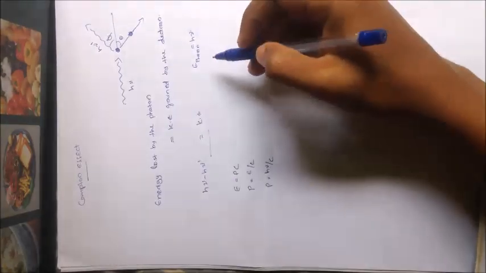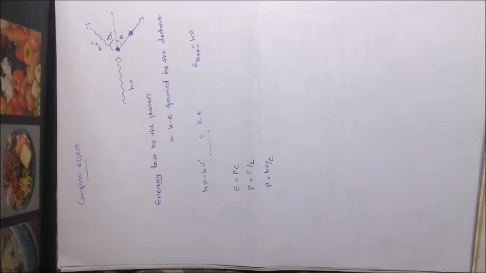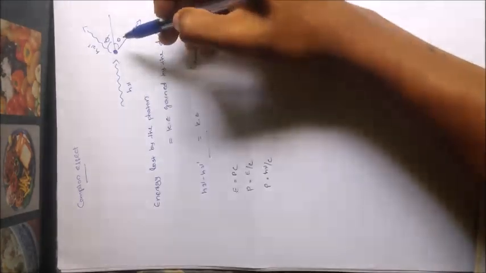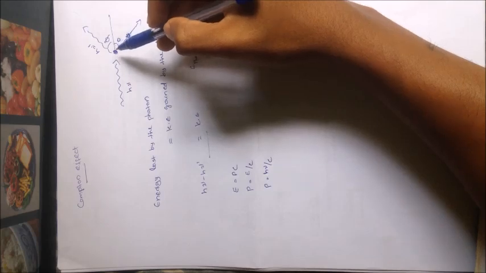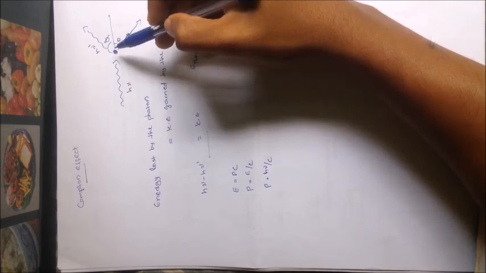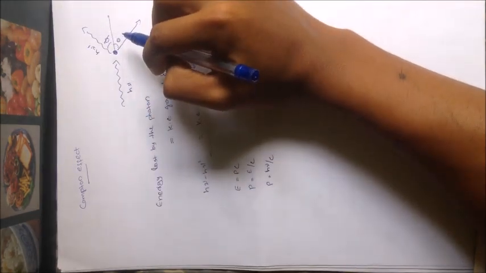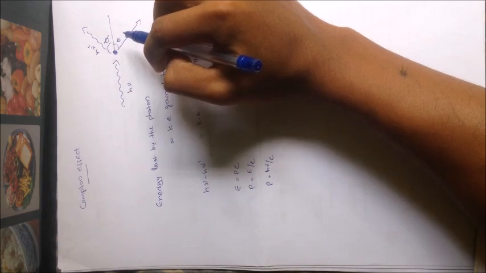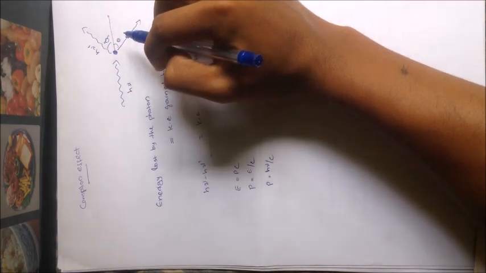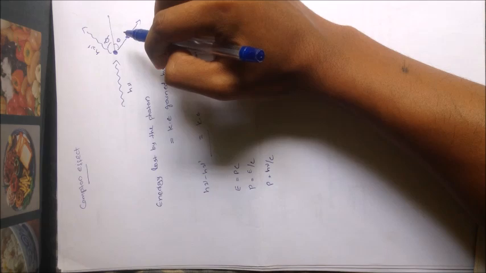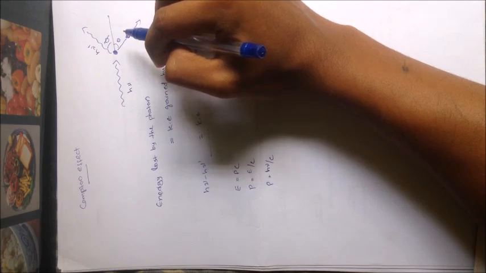and since we consider the two particles as a system, and since there is no force acting on this system, the total momentum will be conserved in the three-dimensional coordinate system.